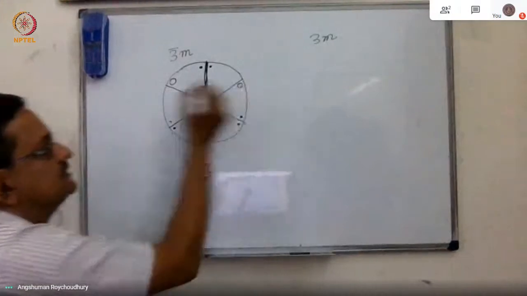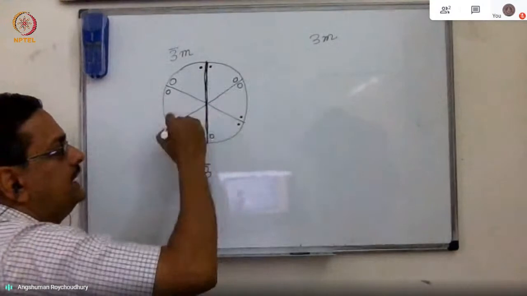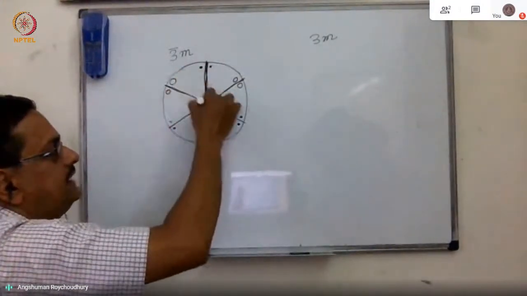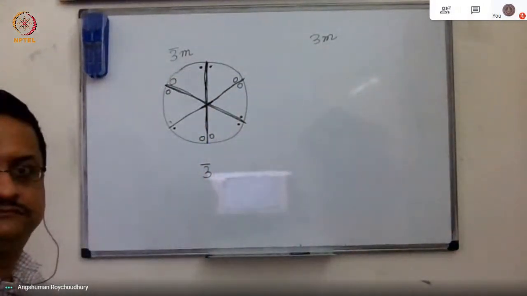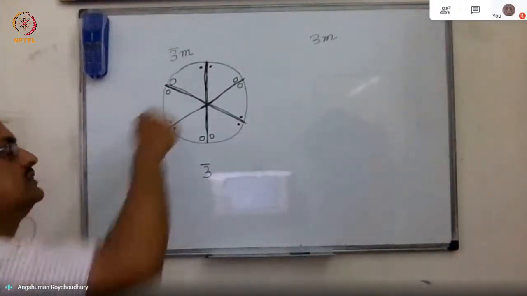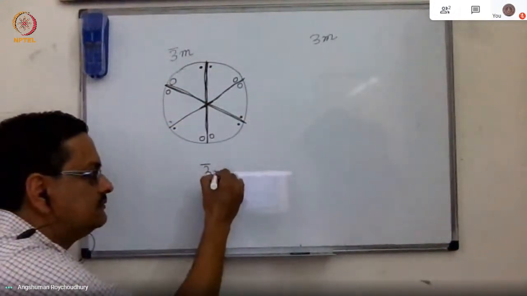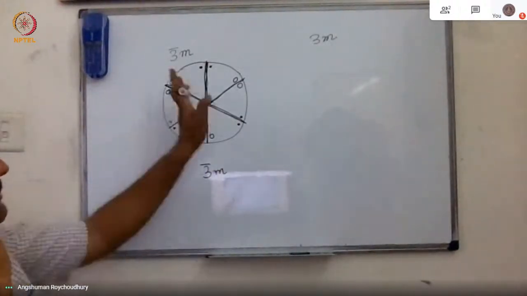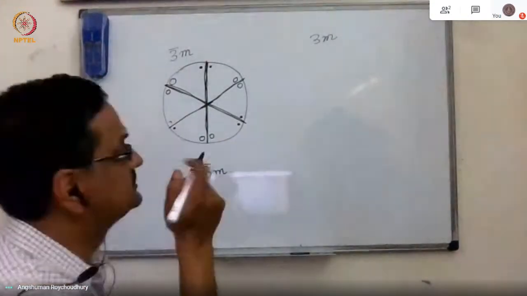By default, what has happened is this mirror is generated and that mirror is also generated. So this is 3 bar m. Is that clear? Technically, these 3 are mirror planes which are parallel to your 3 bar axis and passing through one point.